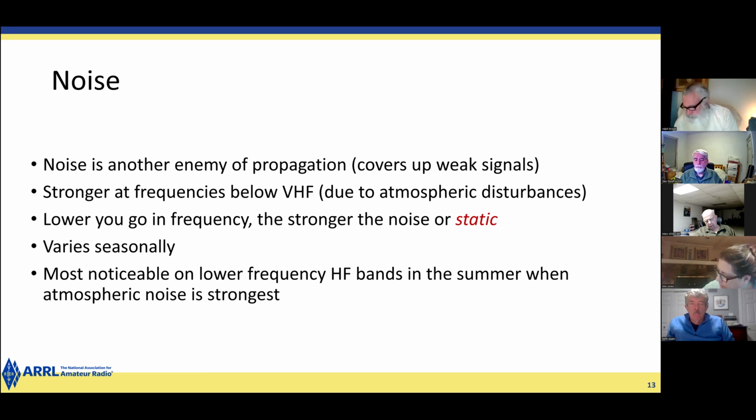In other words, they're perfectly intelligible, even though the signal strength is very low. And as you go lower in frequency, to counteract the noise, to understand somebody at the other end of the conversation, their signal strength needs to be higher at your receiver.